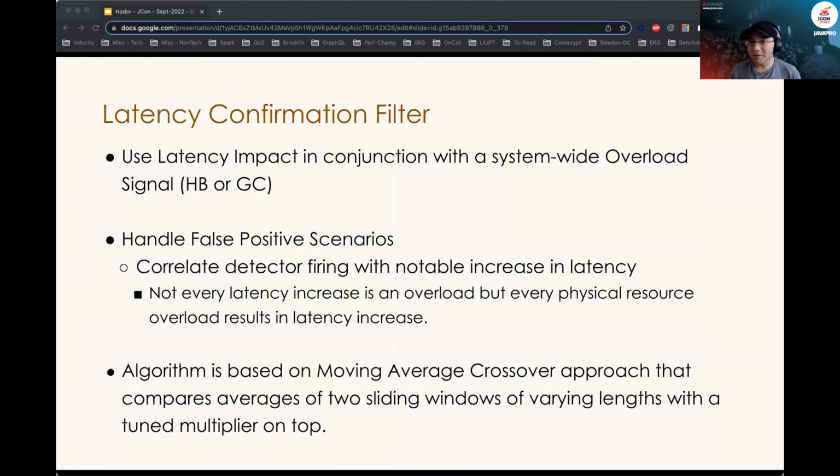Now, as I mentioned previously, while designing all of these overload detectors, we value precision over recall. However, after Hodor was rolled out to all services in prod at LinkedIn, we found an interesting scenario that was affecting about 1 to 2% of services.